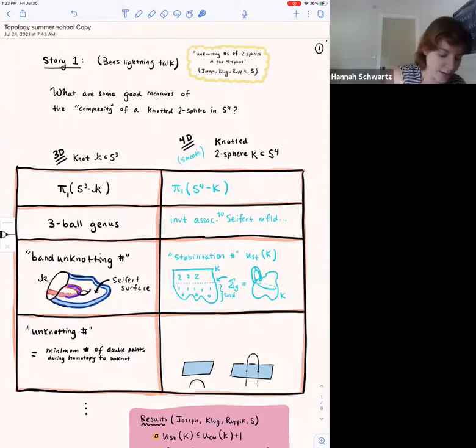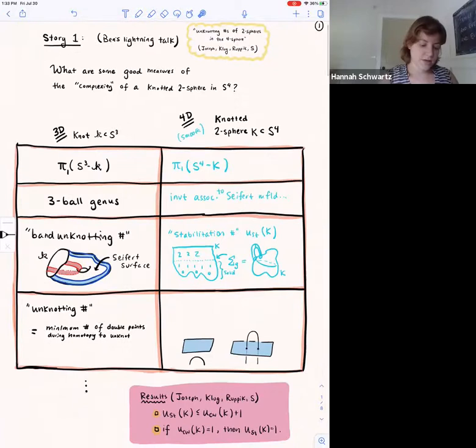So here you're adding a band onto the knot K, and here you're adding a little tube to the 2 knot K. Okay, so kind of analogous. This also seems like an interesting object of study. It measures the complexity somehow of this 2 knot K. How far away is it from an unknotted surface of some genus?